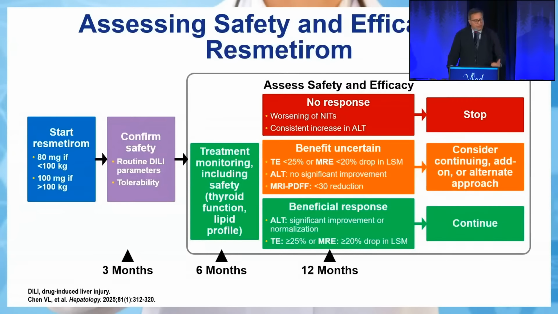So you would have to rely on non-invasive tests, and you therefore need to know, given that all these tests have a lot of variability, when are you sure that the drug is working? When are you sure that the drug is not working? And how about in the middle?